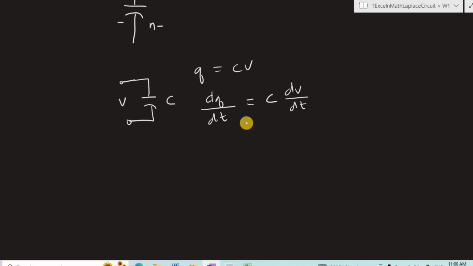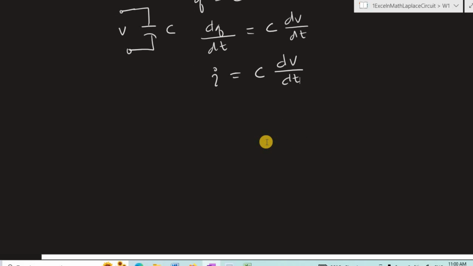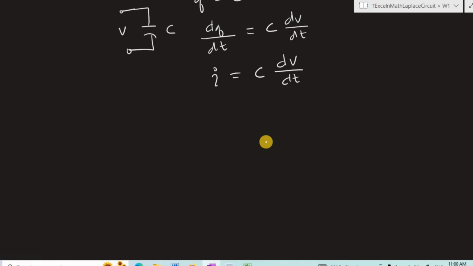The derivative of the charge of the capacitor with respect to time is the current flowing through the capacitor. So it is equal to I, and it is equal to C times the derivative of the voltage across the capacitor with respect to time. Taking the Laplace transform of both sides, we get the Laplace transform of I equal to C multiplied by the Laplace transform of the derivative of the voltage with respect to time.